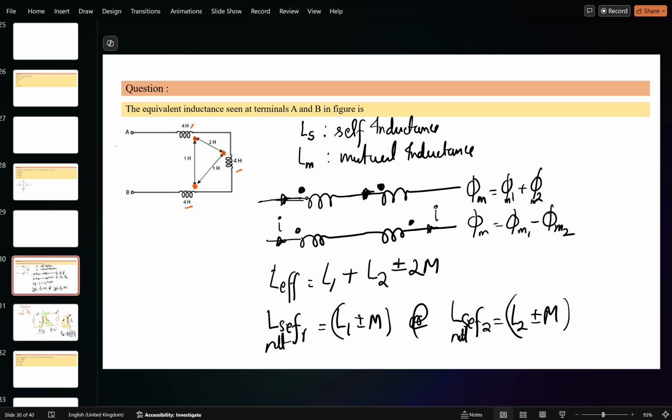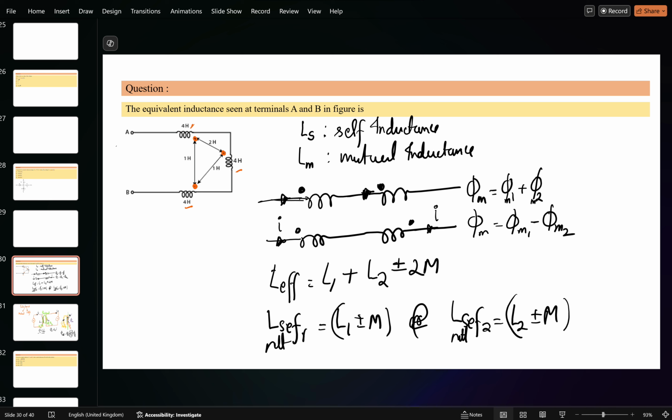So in this question, if you see, the current is entering from here, leaving from this dotted terminal, but entering into the dotted terminal in this. Suppose this is L1, this is L2, and this is L3.